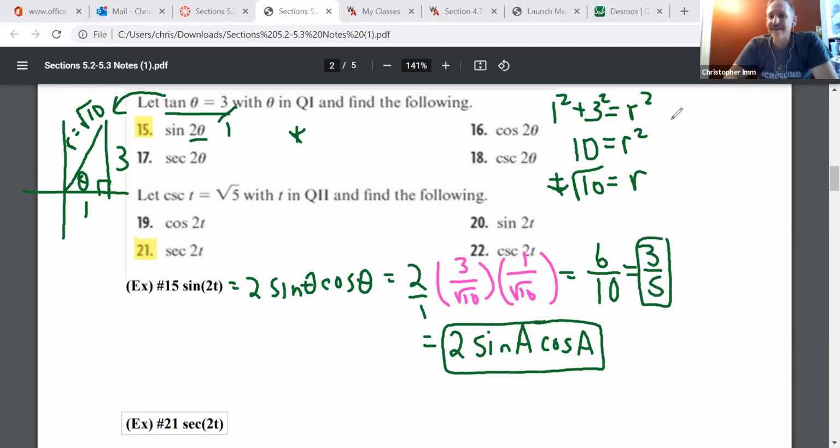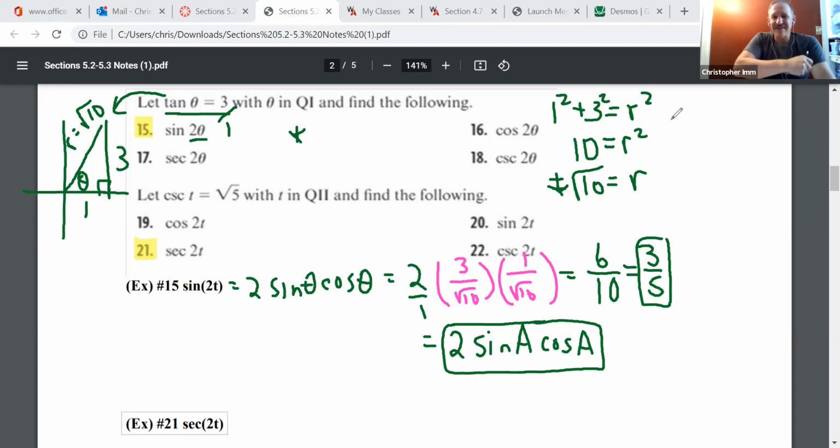Great. So sine of 2 theta is going to be 3/5. Questions there? We're using that triangle approach again. Of course, we could use identities. I still think the triangle approach is better because it not only engages you algebraically, but it engages you with images as well.